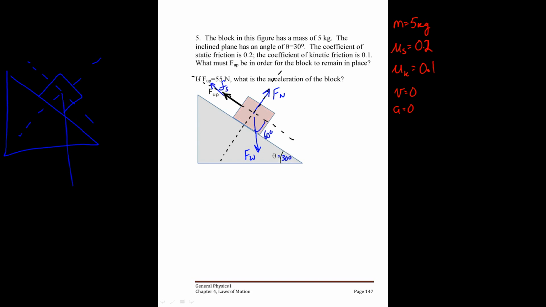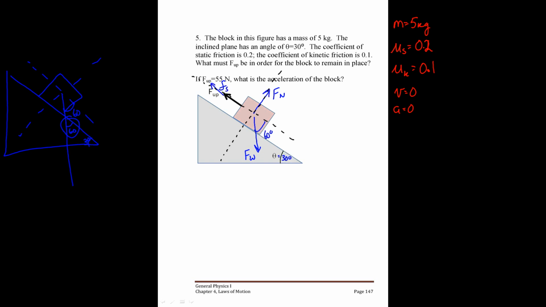If I have something dropping down here, you see this angle is 30. That means that this angle has to be 60, and this angle is the same as this angle, 60 degrees. That's pretty standard when you're dealing with an inclined plane to work with the angles in that way, and we'll follow that convention in this class.